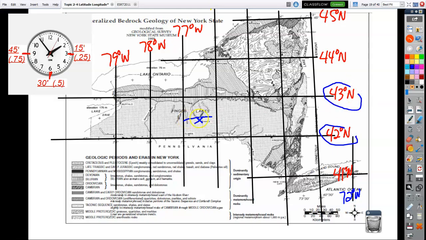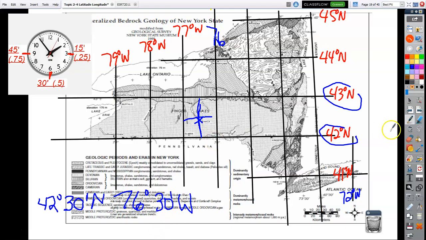So if I was putting the coordinate for Ithaca, I'm going to call that 42 degrees and 30 minutes north. Remember, think half a degree, half an hour is 30 minutes. If I'm doing the longitude, that again is about halfway between 76 and 77, so I'm going to call that 76 degrees and 30 minutes west.